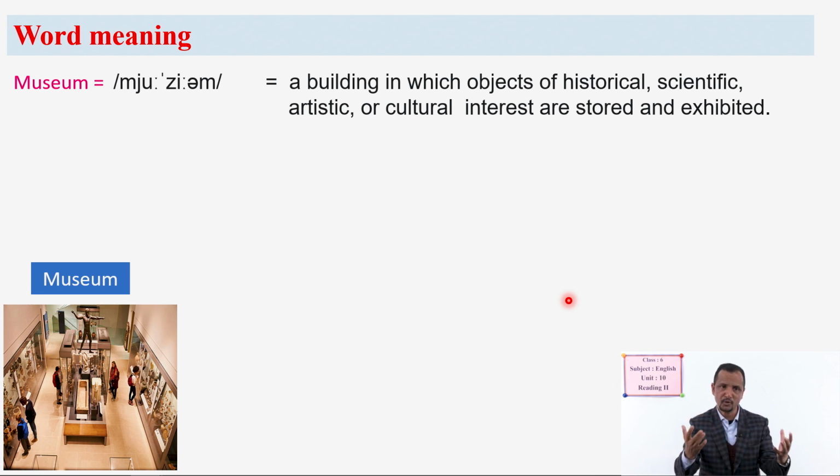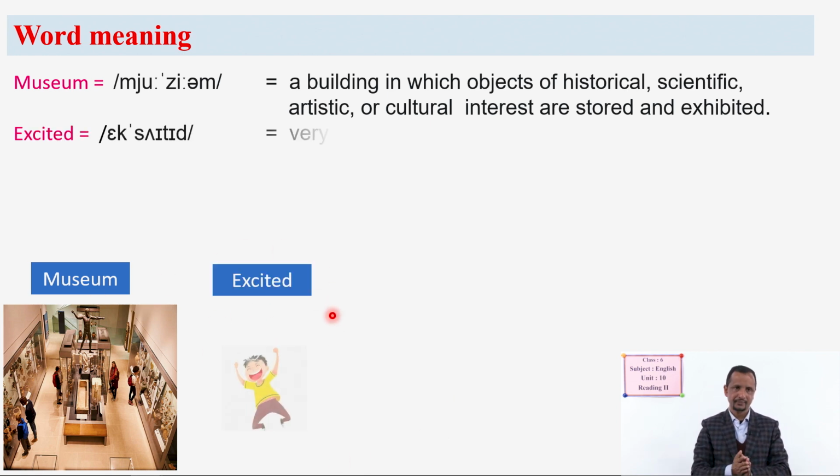Okay, museum. Museum: a building in which objects of historical, scientific, artistic, or cultural interest are stored and exhibited. You can see in the picture, right? This type of building, we say what? Museum.